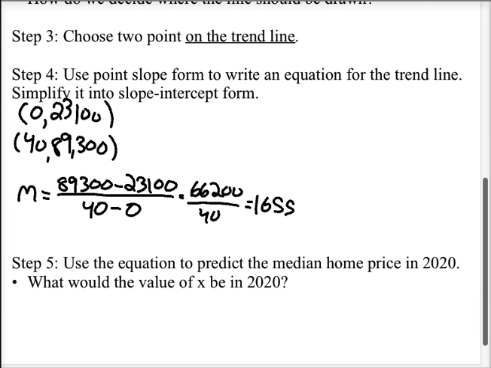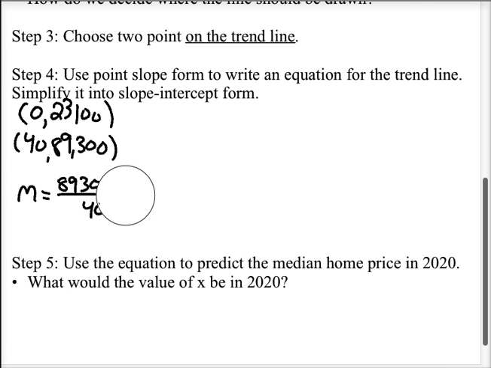So we have a slope of 1,655. All right, now I am going to erase all that because I'm going to need the space. So 1,655 is our slope.